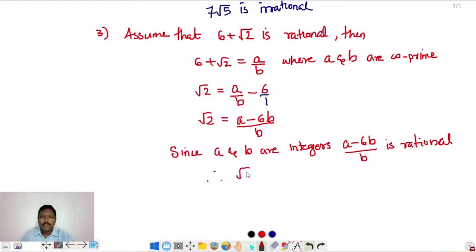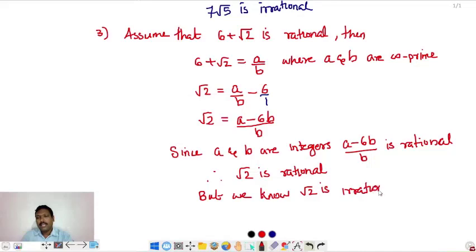Therefore root 2 is also rational. But we know root 2 is irrational. It is an irrational number.